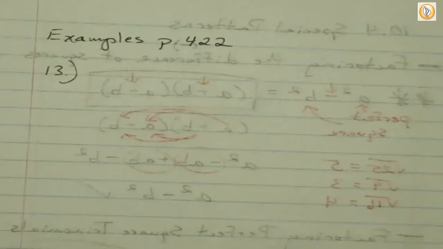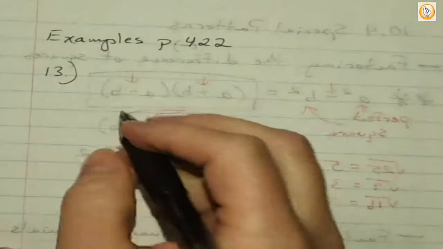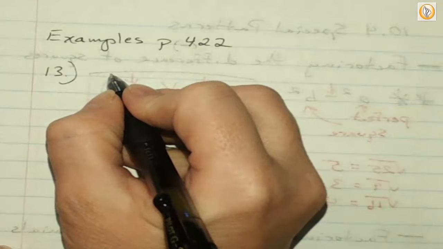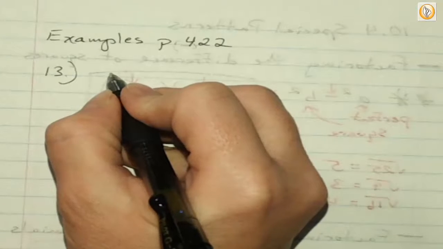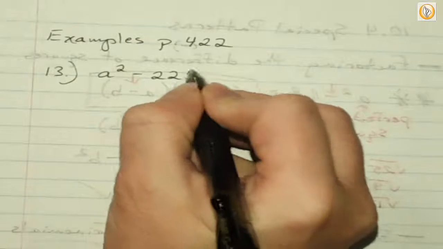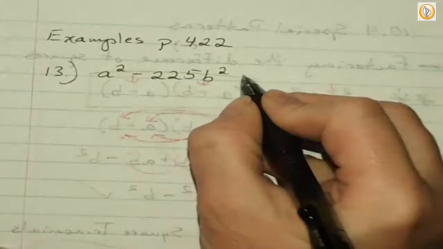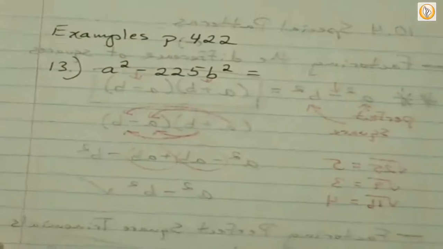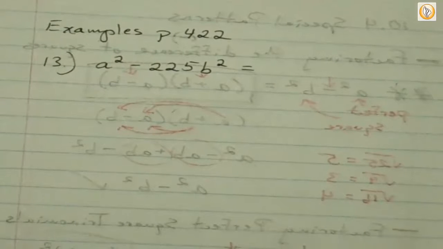I'm going to start with Michaela. So 13 is a squared minus 225b squared. You can use your notes. What, pray tell, would be the answer?